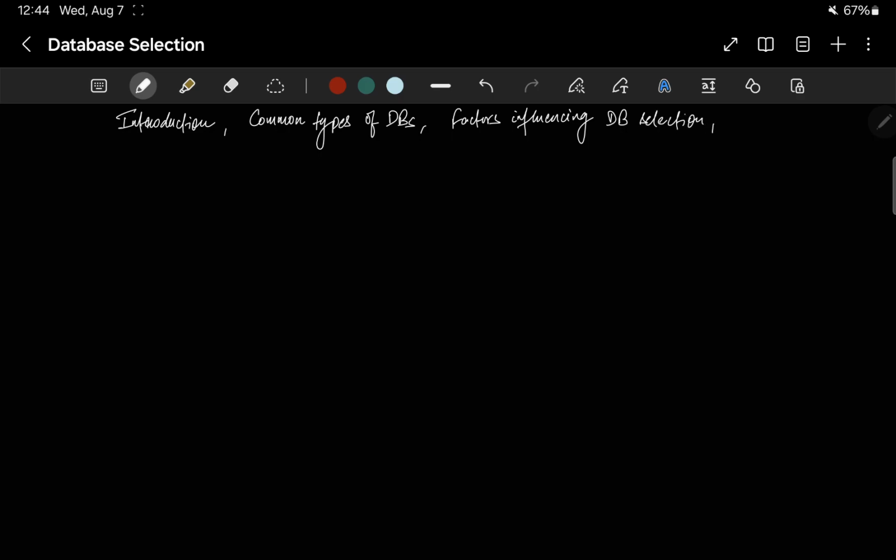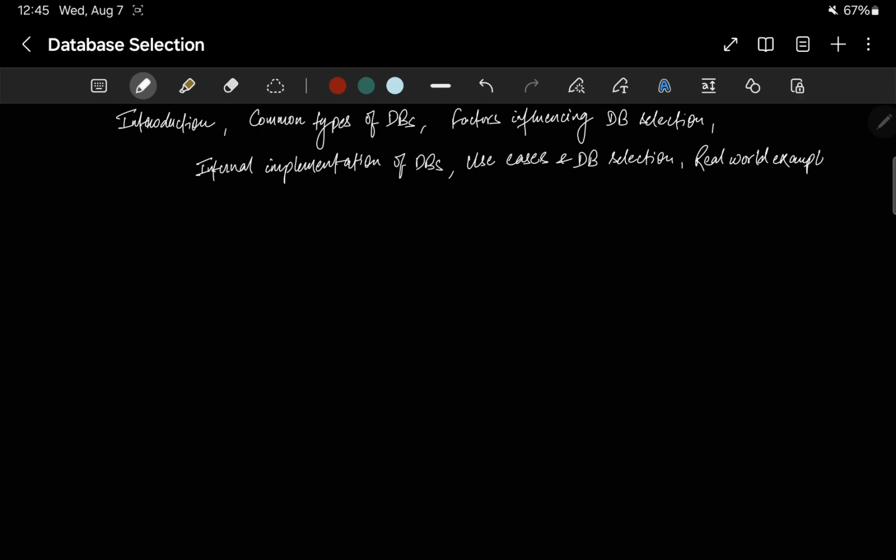Next, we will see what is the internal implementation of databases. Next, use cases and database selection. Next, we will see the real world examples. And then we will see what challenges do we face while doing database selection.